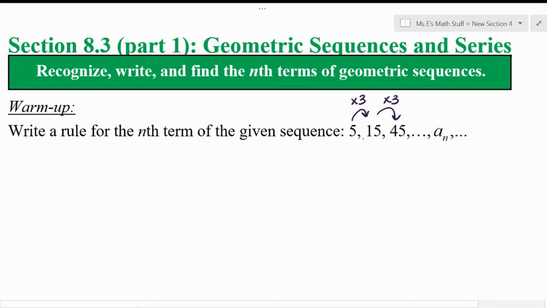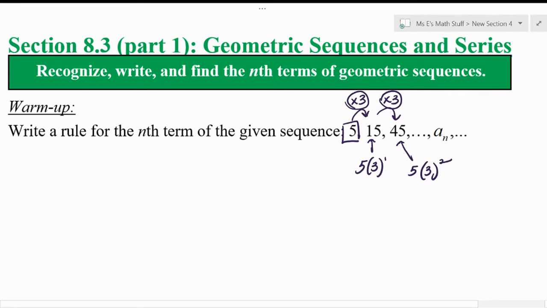I'll show both. To get from the 5 here, the first term, to the 15, they multiplied 5 by 3 once. And then to get from the 5 to the 45, they multiplied that initial value by 3 twice.